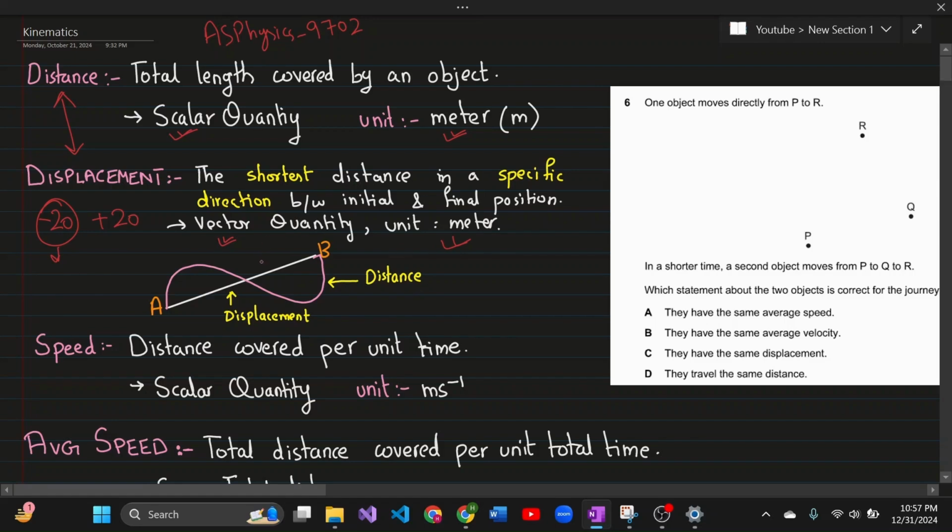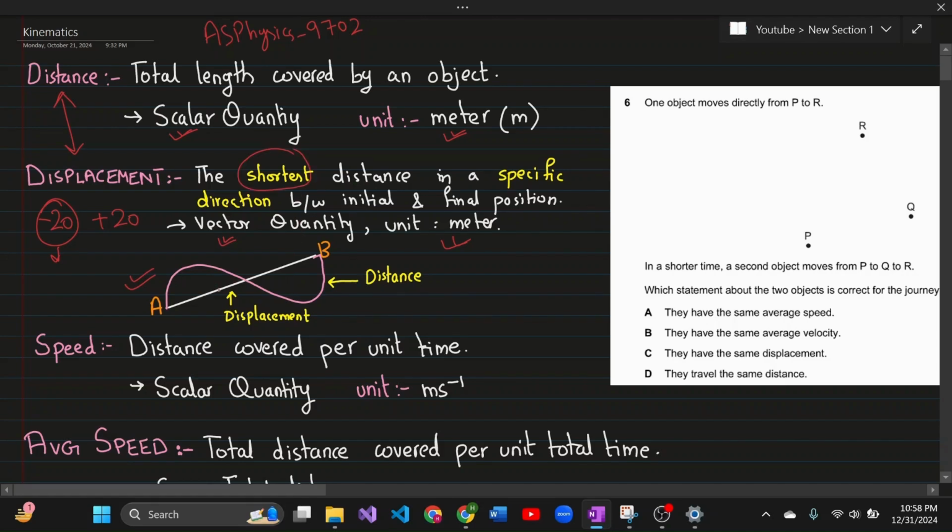So these are some differences. You can see this diagram I have drawn here. From A to B, this purple curved line is a distance. It is a path, irrespective of the direction, and displacement is the shortest distance between these two points. So I have already written here that this displacement is the shortest distance.